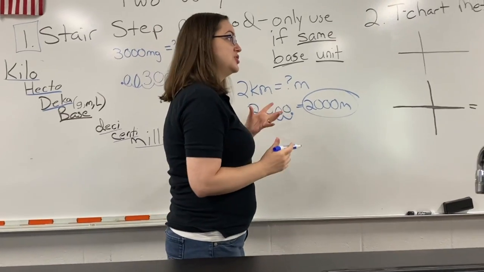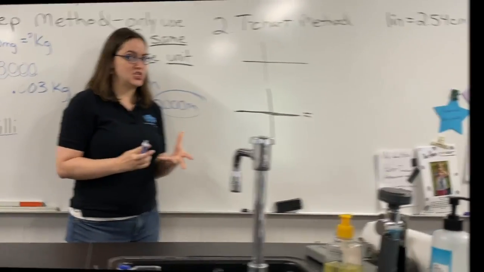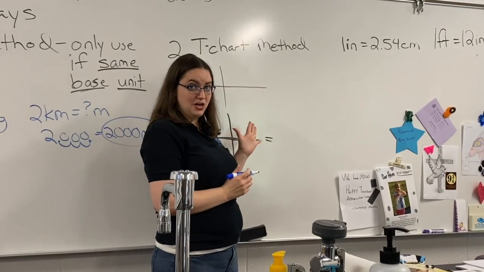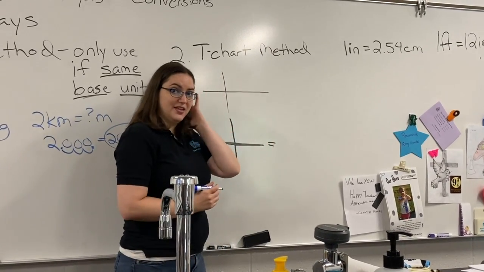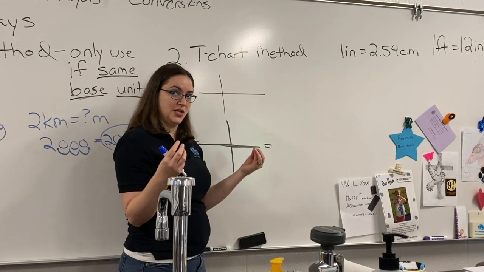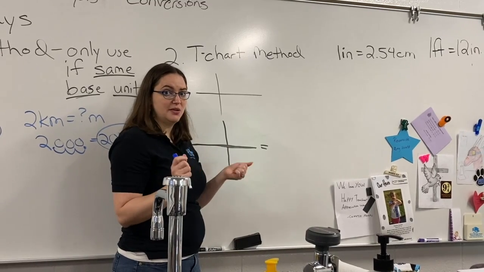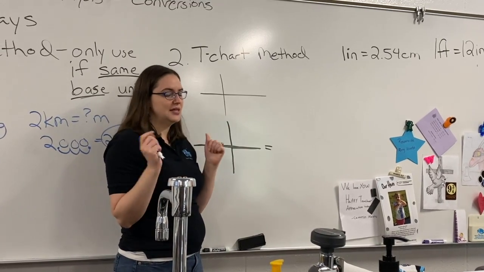Now, if we wanted to do other types of conversions, we would have to use the T-chart. The T-chart method works very well if you have 2 different units, like from centimeters to inches, or from inches to centimeters.